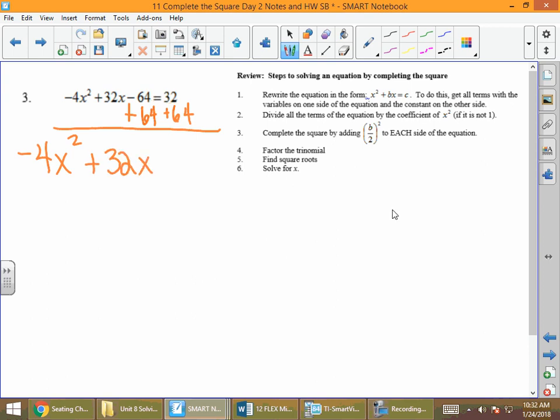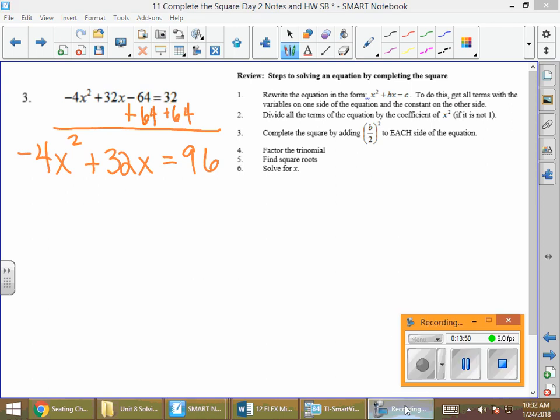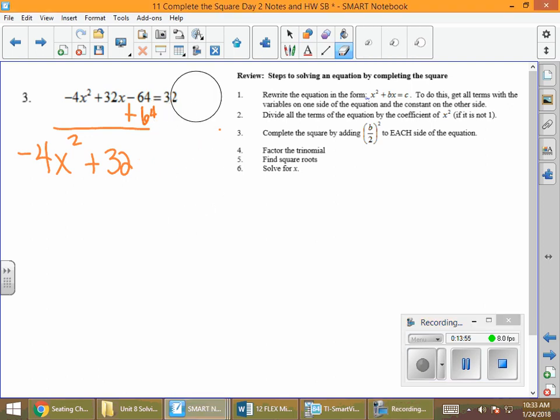Whoops, and this one isn't the one with the quadratic formula. Equals, what is it? 96. Okay, so why are we subtracting or adding that 64? We are going to start this example over, and I'll stick with my original method here.